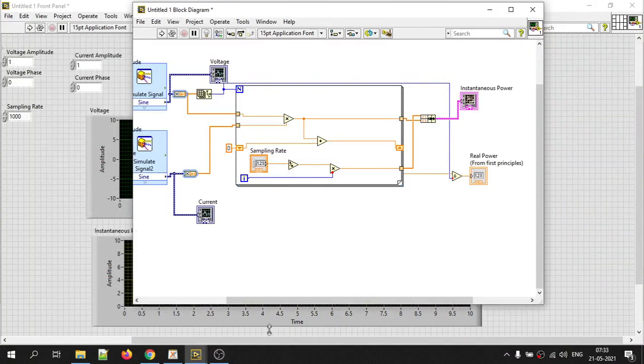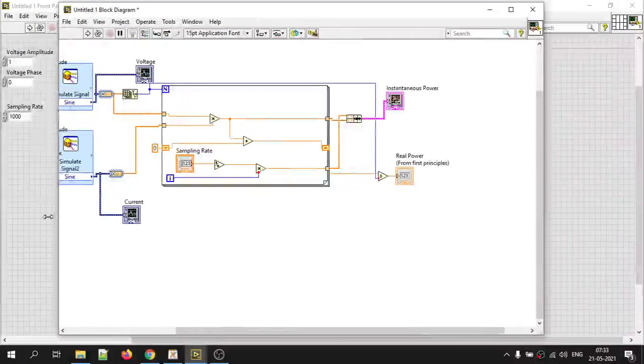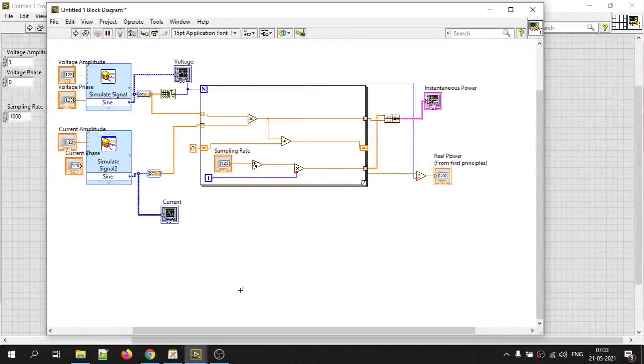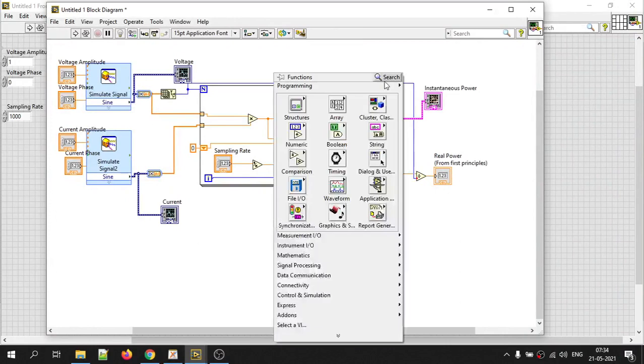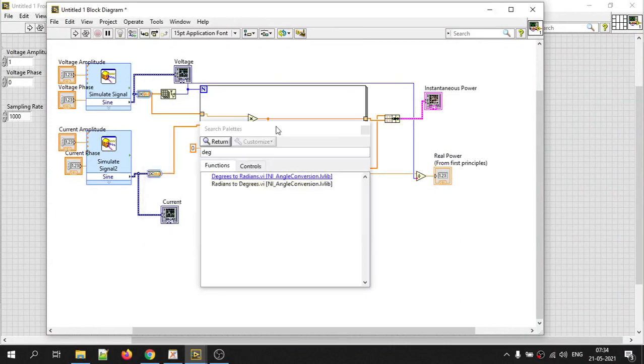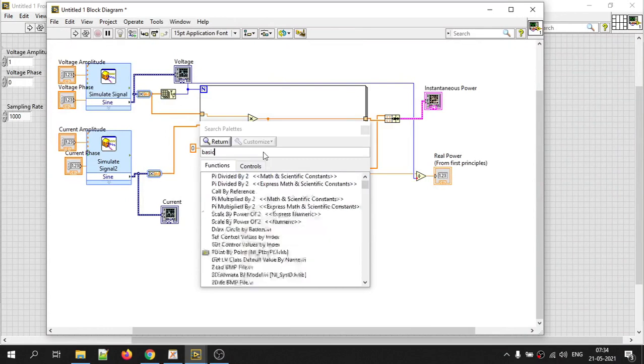Okay. Next, let us try to calculate the RMS values of current as well as voltage. Either you can use the blocks as we have done in the previous experiments, but since we have gone through the basics, we directly use a standard block available in LabVIEW itself, that is Basic DC RMS.